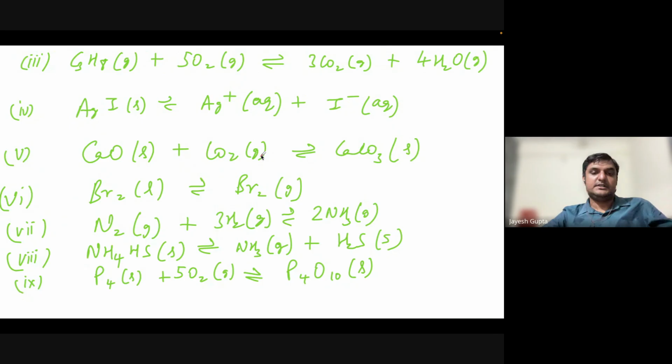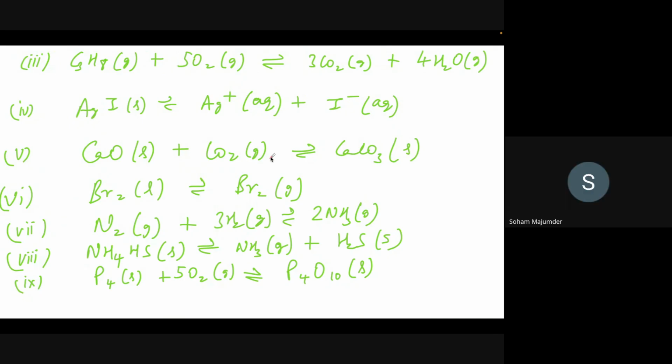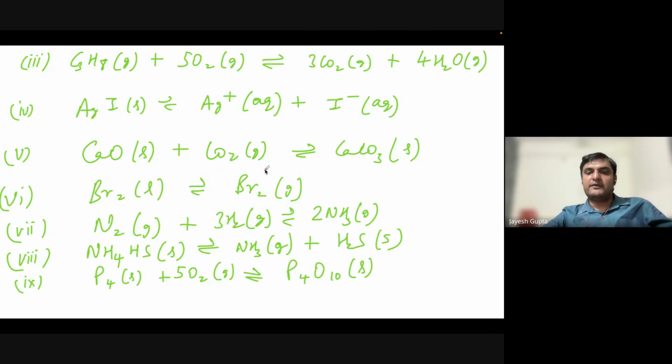Gaseous phase is present. So Kp will be 1 upon CO2. Kc, what have you told? Not defined. No, Kc is 1 upon CO2. Kp is not defined. No, Kp will be defined. Here one gas is present. The CO2 is there.